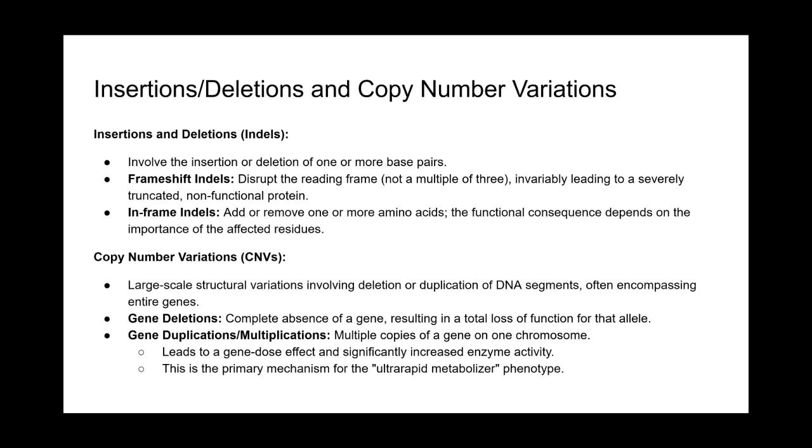In contrast, nonsense mutations, frame shift indels, and gene deletion CNVs are almost always associated with a complete loss of protein function. Conversely, gene duplication CNVs are the primary mechanism for a significant gain of function. This hierarchical framework is a critical tool for clinicians and researchers to rapidly assess the potential clinical significance of a given genetic variant.